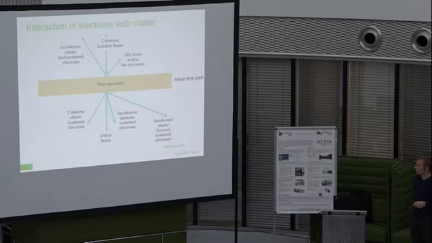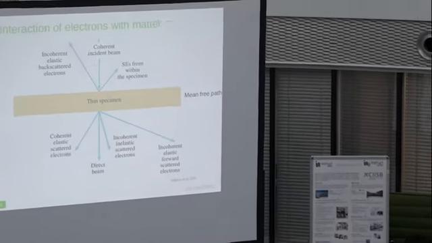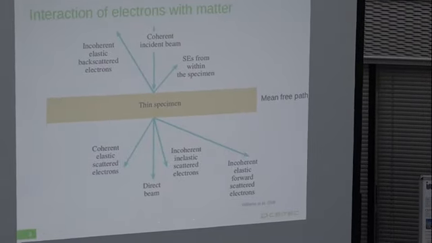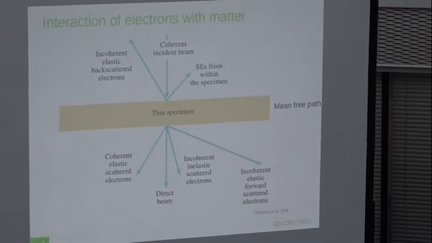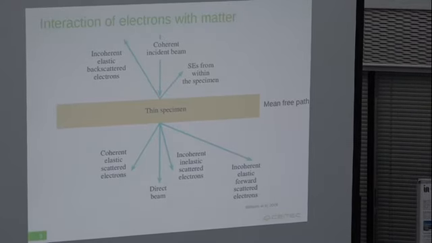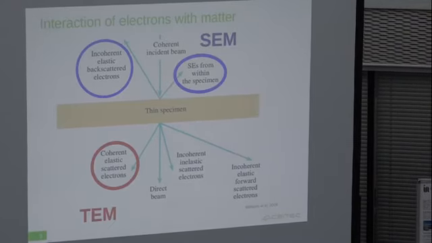introducing: when electrons interact with matter, they can either pass through or be reflected from your specimen. And therefore, we define two types of microscopy. It's either transmission electron microscopy, which primarily uses the elastically scattered electrons that pass through the specimen.